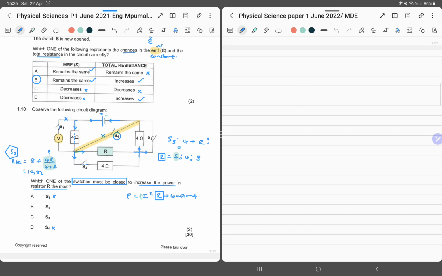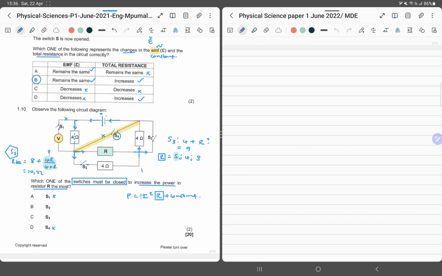The total resistance is basically going to be 9. So do you see, when R has a bigger value, if we include this parallel connection, the total resistance becomes 10 over 9. So meaning, if we eliminate S2, we still get a smaller value of the total external resistance.